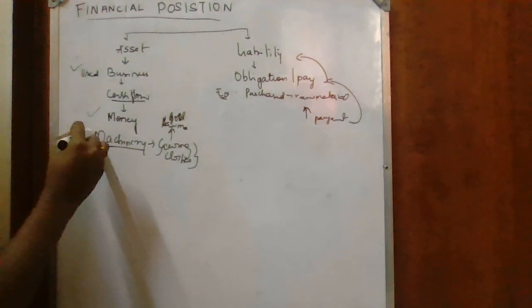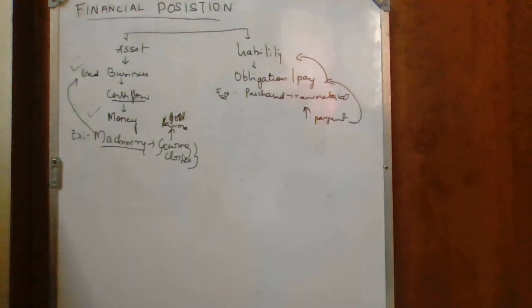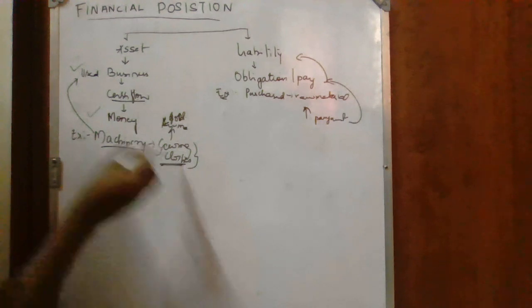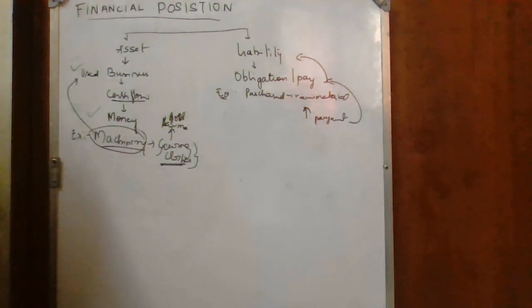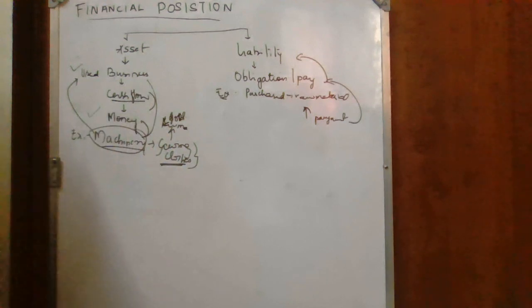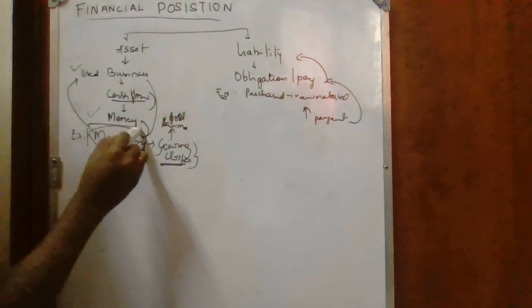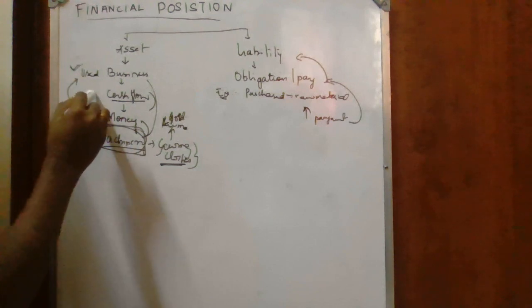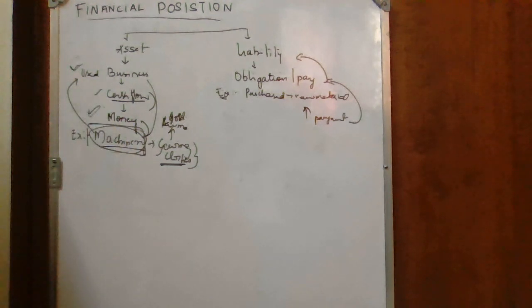But what is this machinery? Machinery is something used in the business to make this cloth. So machinery is an asset which is used in business to generate cash flow and it is measured in terms of money. All these criteria have to be fulfilled for considering it to be an asset.